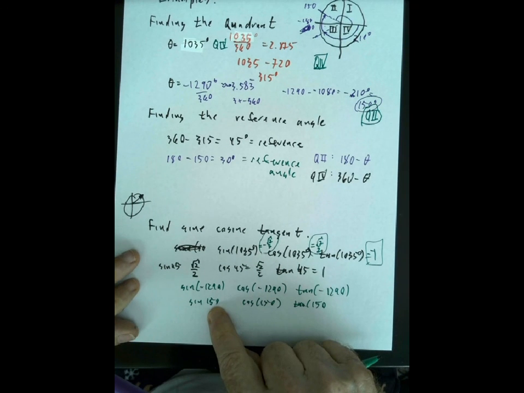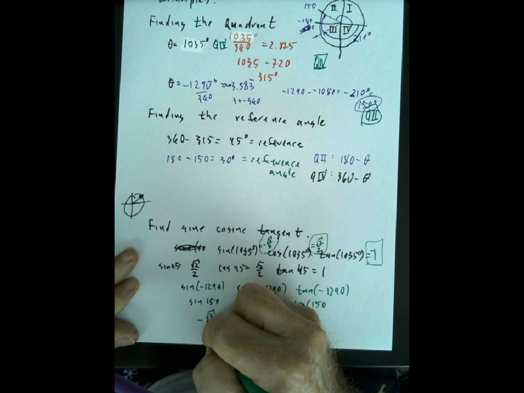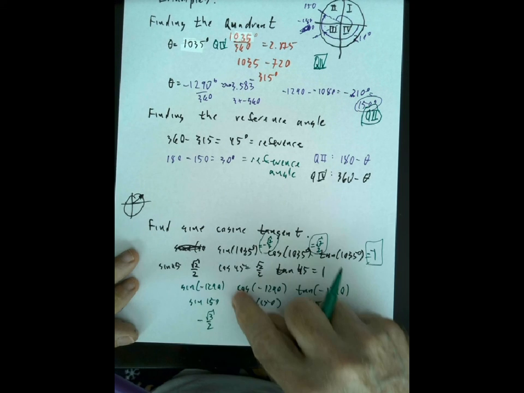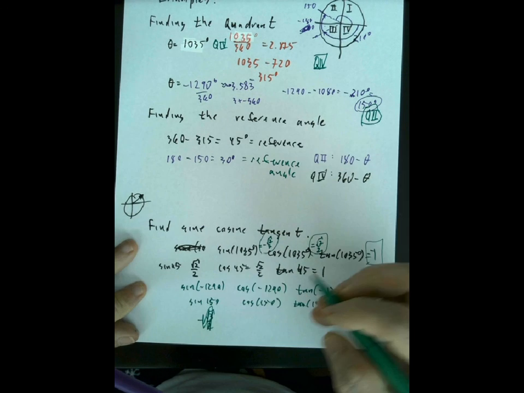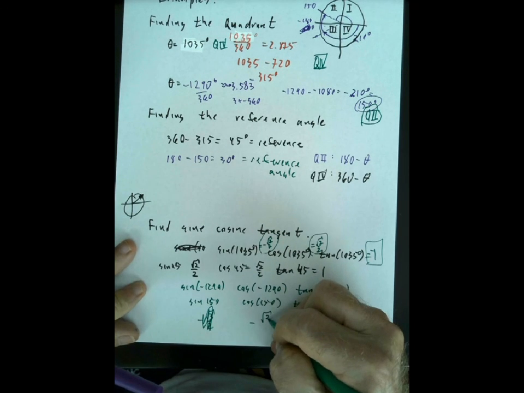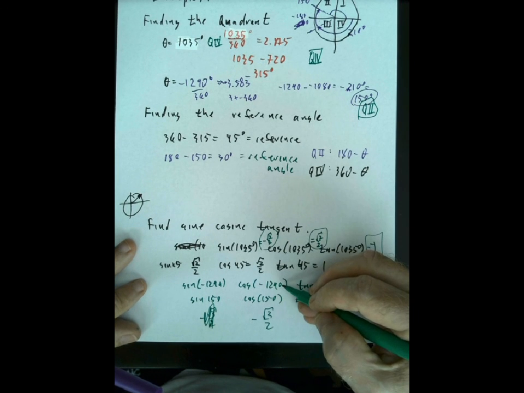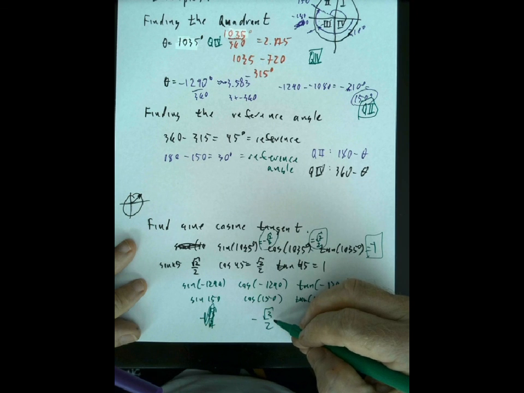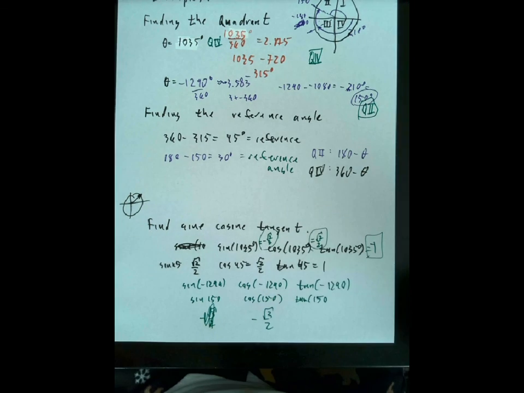the cosine of 150 is negative rad 3 over 2. So the cosine of negative 1290 is negative rad 3 over 2. If you look up on a unit circle or your charts, that's the cosine that goes with 150.